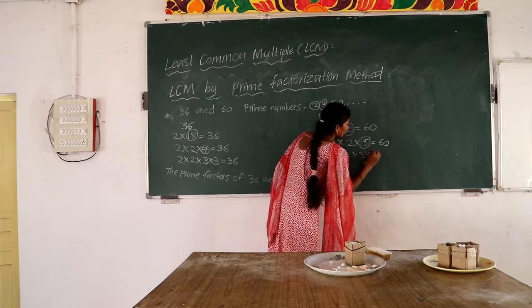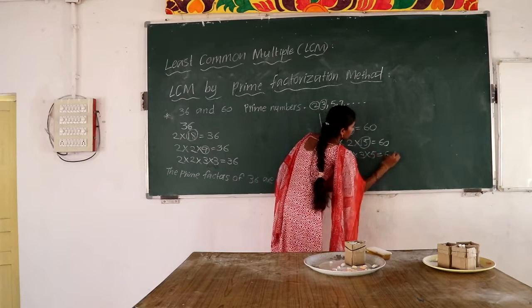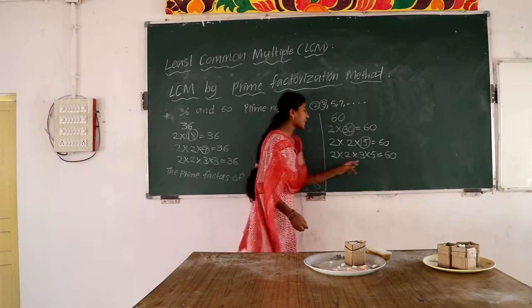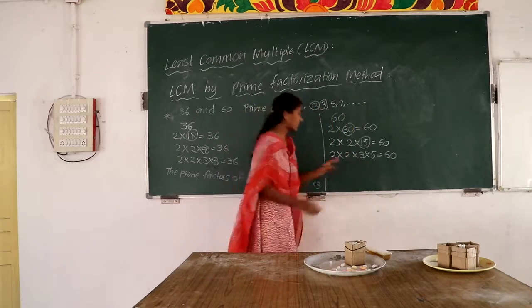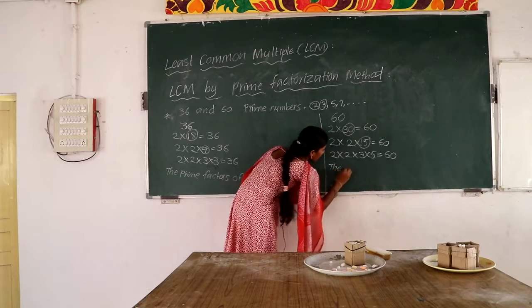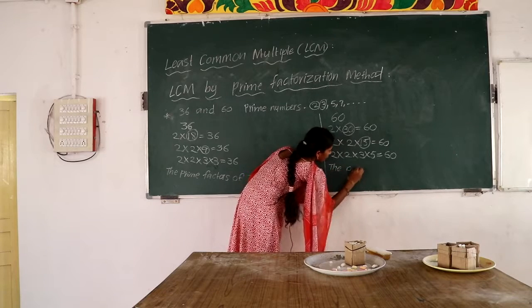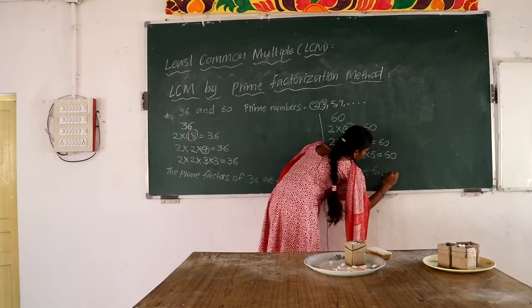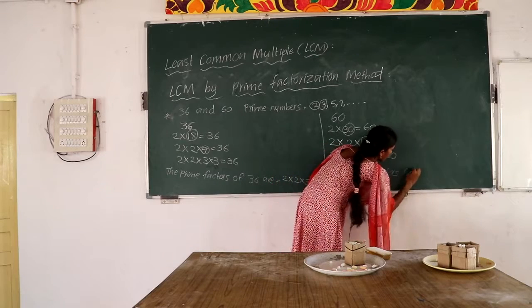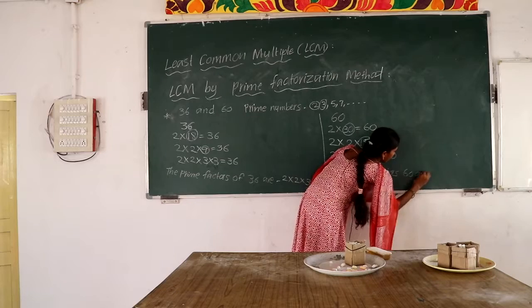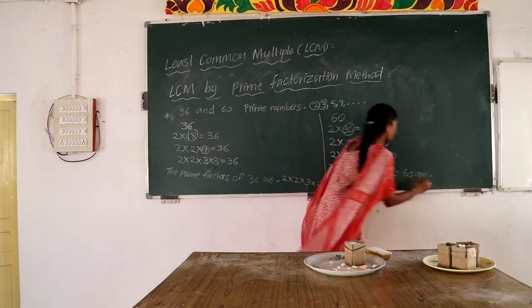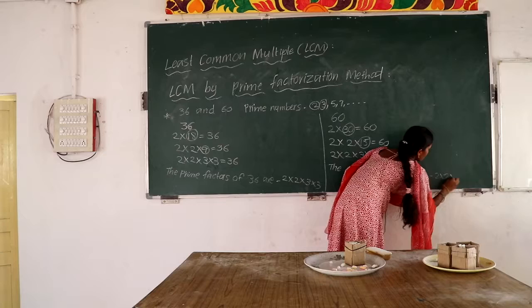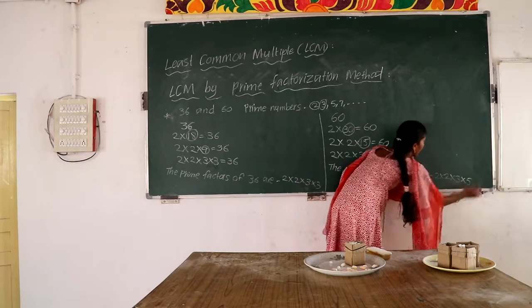These are the prime factors of 60. The prime factors of 60 are 2, 2, 3, 5.